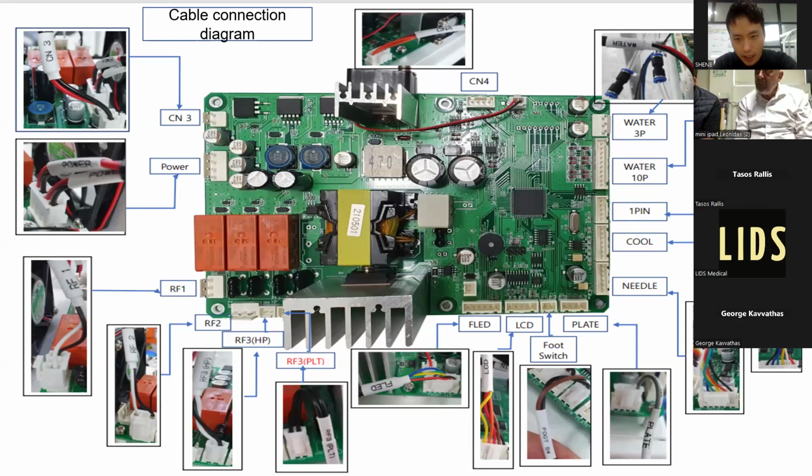But just in case we need to replace a cable or the main board, every cable and the connection on the main board has its name written. Even if we just send you a replacement main board, the names will still be written on it. So we can just match the name and then reconnect the cables to the main board.